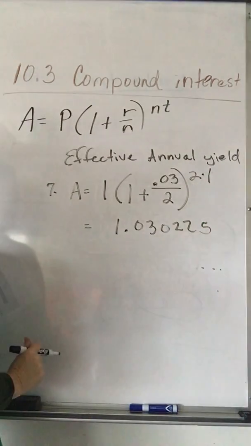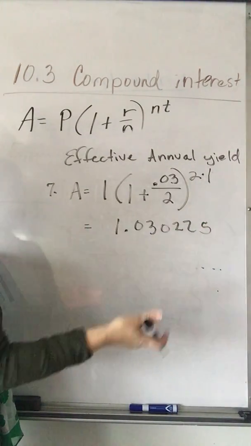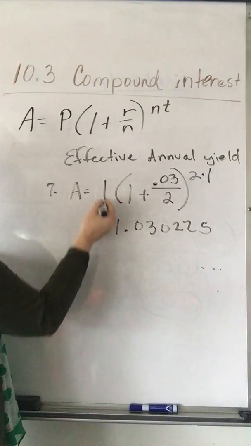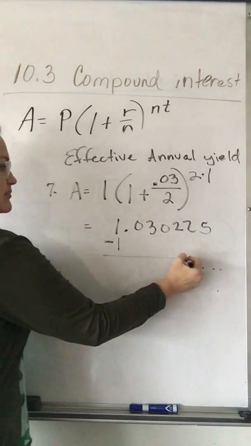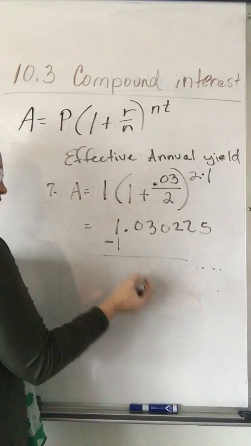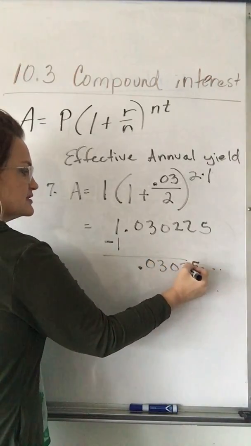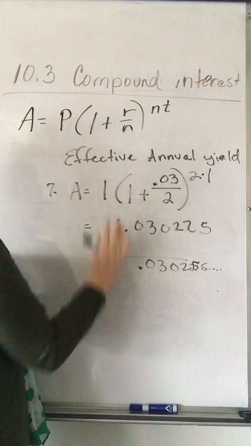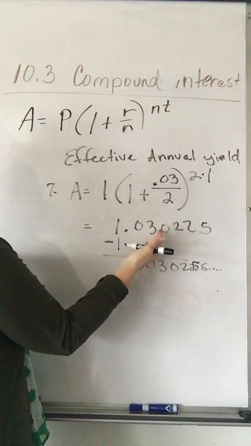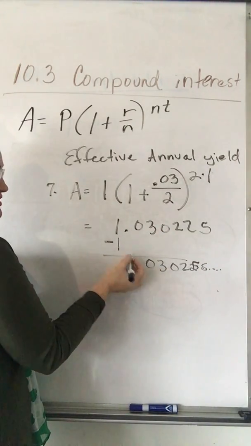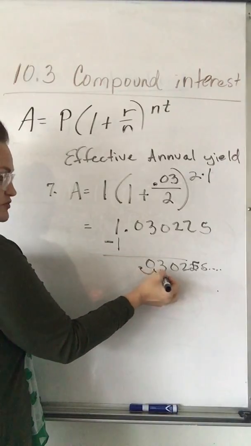Again, check your calculation. To figure out the percentage that we grew it by, we take our dollar back off. The dollar was how much was put in the bank, so take your dollar back off to see how much of it was pure growth. And so our dollar grew to $1 and a little over 3 cents. To make that into a percent, again, take your dollar off and then move to the right.